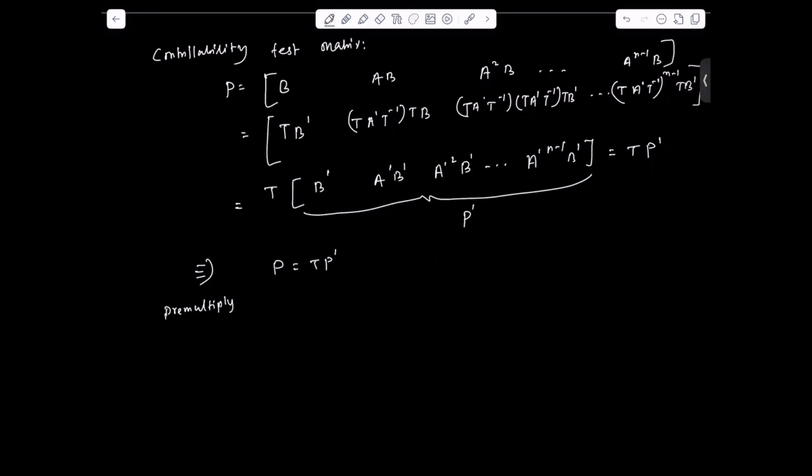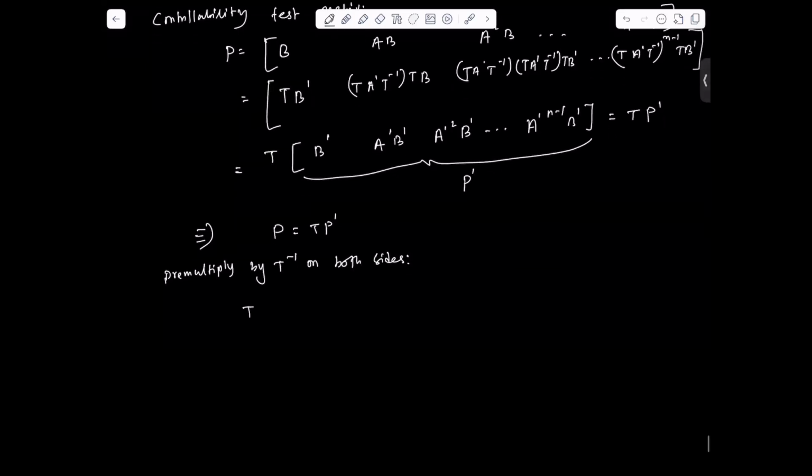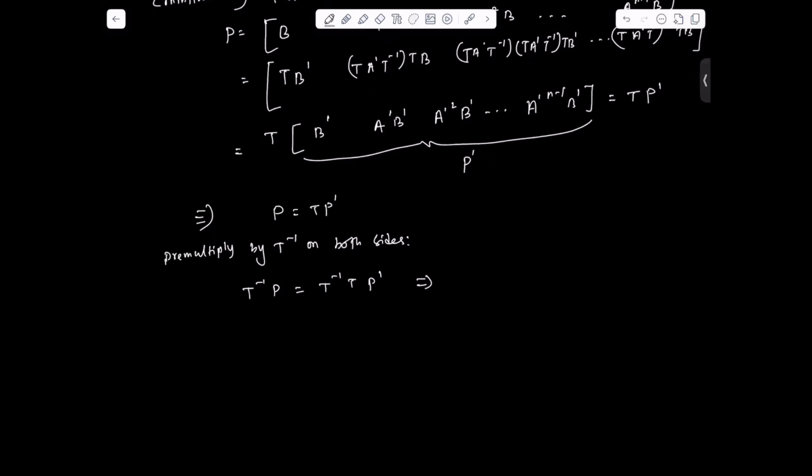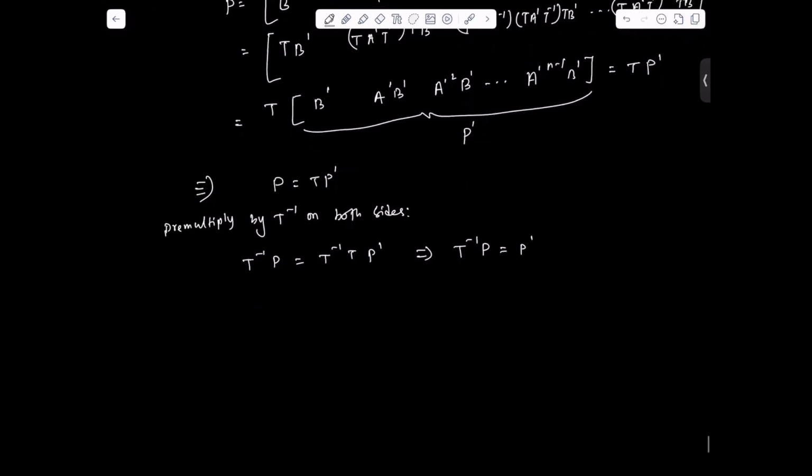Pre-multiply by T inverse on both sides. We have T inverse P equal to T inverse T P dash. And from this we get T inverse P equal to P dash.